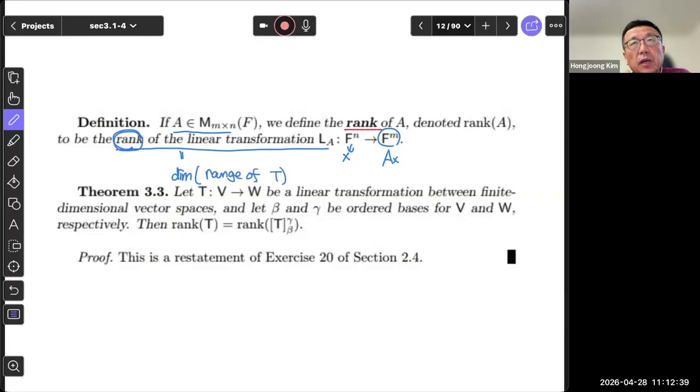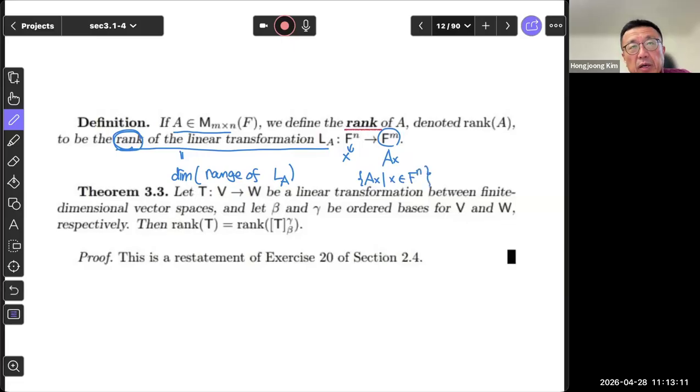Given this linear transformation L sub A, we can find the range, the collection of A times x vector when you consider all the x vectors in the domain.